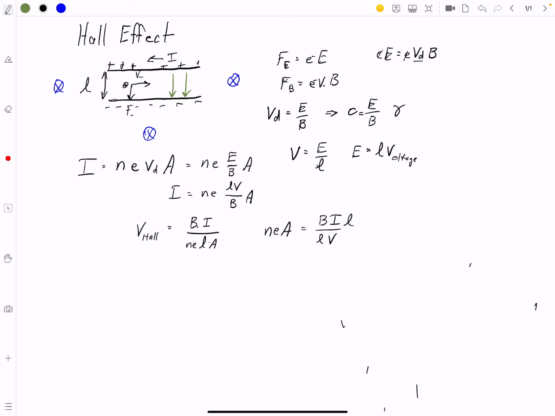I have the length upside down. Okay, yeah, that's better. And that equals I over v_D.